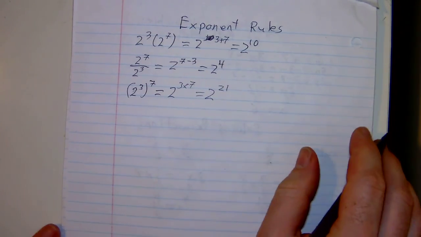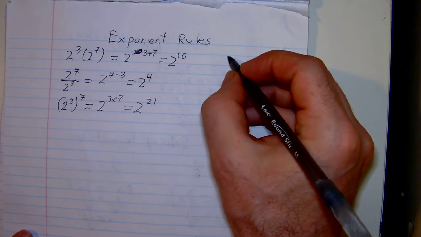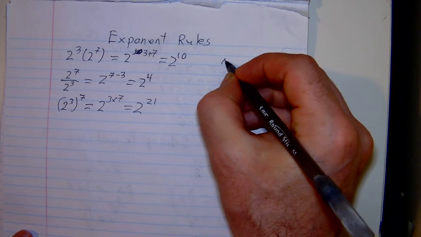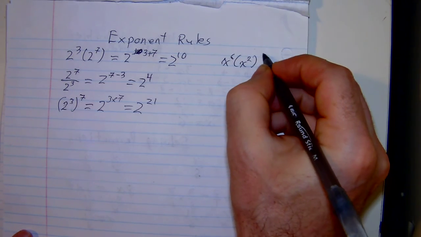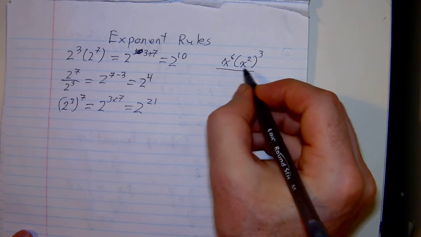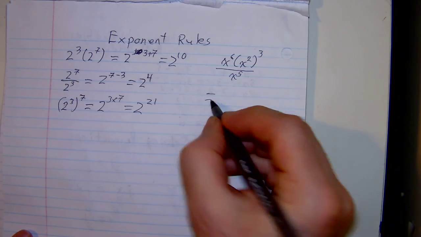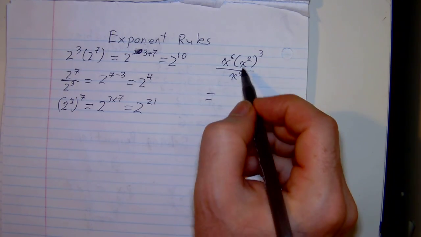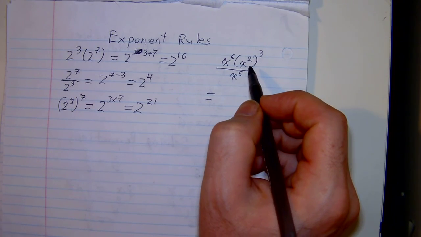All of this stuff works equally well for variables. So let me show you here. If we have x to the power of 6 times x to the power of 2 all to the power of 3 over x to the power of 5, well, we're going to treat each of these powers as if it's a number in itself and follow order of operations.